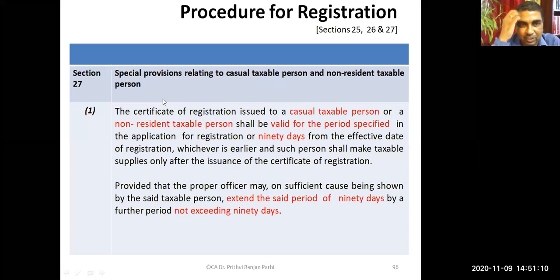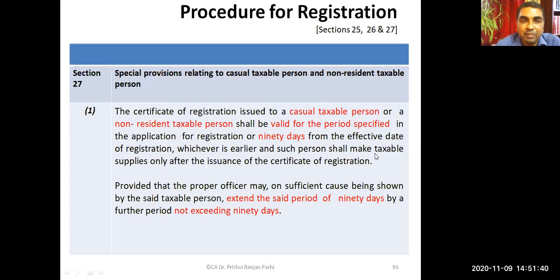This is covered under section 27. You can see it here. The certificate of registration issued to a CTP or NRTP shall be valid for the period specified, or 90 days from the effective date of registration, whichever is earlier. Since it is a temporary registration, it is valid only for that period.